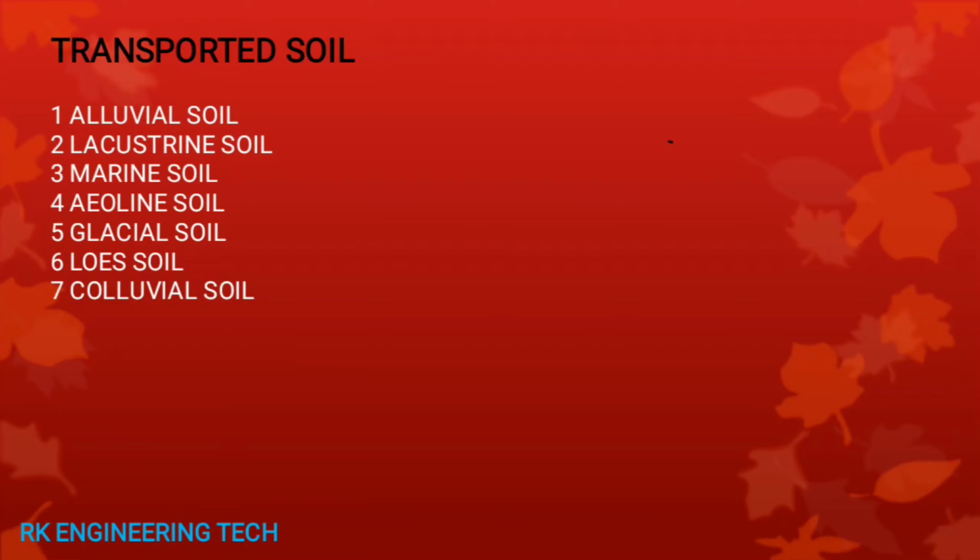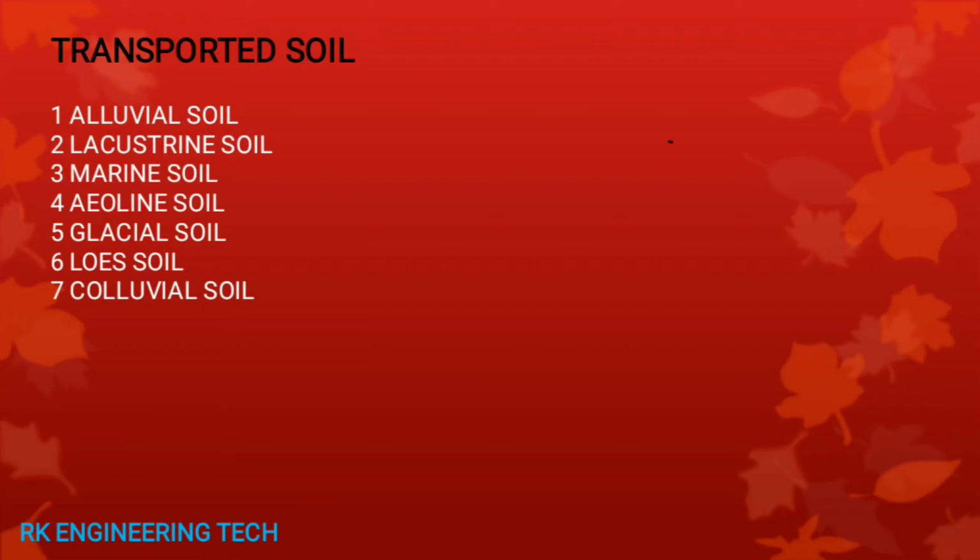You can also find that lacustrine soil is from lake, still water, am I right? It is basically present in MP and Rajasthan. This is a transported soil, formed by physical weathering. I'm not going to discuss all these parts. I'm just going to give you a trick to remember this permanently.